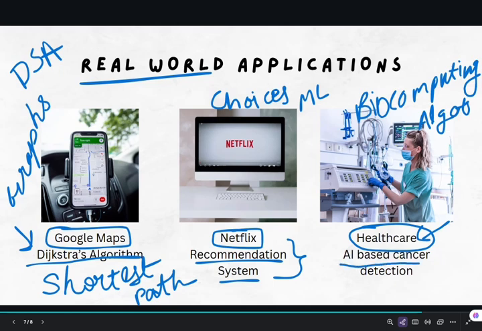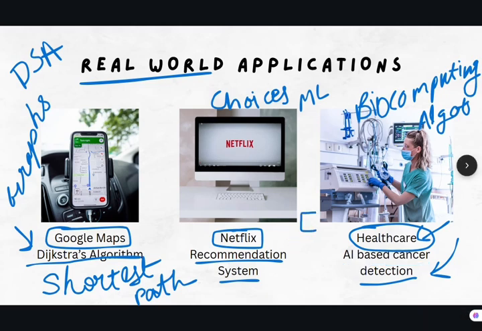So a lot of you might know that AI is being used a lot in healthcare these days, and we can also identify cancer cells using AI. So basically, we will have an image of the affected area, which we can use a CNN on to classify whether it's melanoma or not, which is a type of cancer.